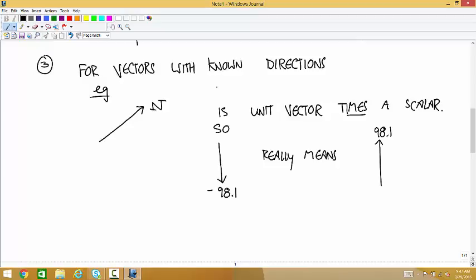Okay? So if you know the direction is this way, don't also use a negative sign. What you're doing is a double negative thing, and you're specifying the vector in the opposite direction of what you mean. Okay? Any questions about that?